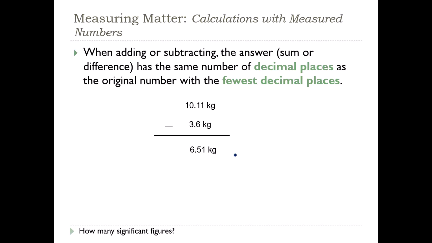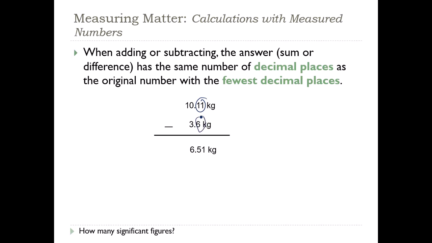And then when adding or subtracting, the rules change. When adding or subtracting, the answer, the sum or difference, has the same number of decimal places as the original value with the least number of decimal places. So now we're looking at decimal places. 10.11 minus 3.6. This has 2 decimal places. This has 1.